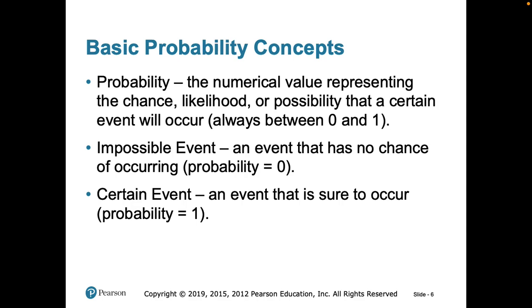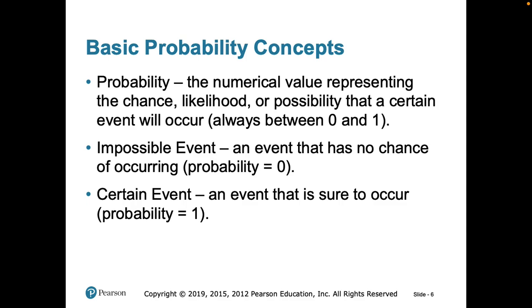For example, if I say the probability that it's going to snow in the city of Panama is 0, it's because, ever since we started tracking the weather, it has never snowed in the city of Panama. So I can tell you that the probability that it is going to snow tomorrow in the city of Panama is 0, because that is impossible. The weather and the conditions do not allow for snow there.